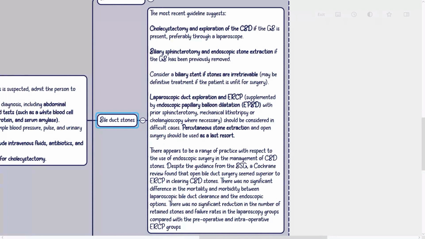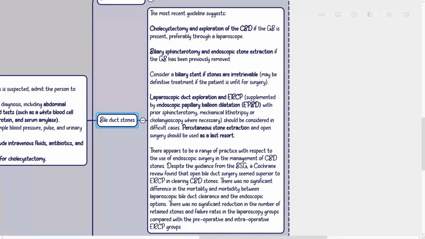Laparoscopic duct exploration and ERCP, supplemented by endoscopic papillary balloon dilatation, EPBD, with prior sphincterotomy. Mechanical lithotripsy or cholangioscopy where necessary should be considered in difficult cases. Percutaneous stone extraction and open surgery should be used as a last resort.